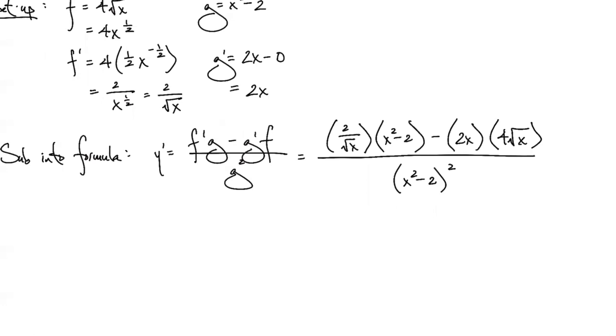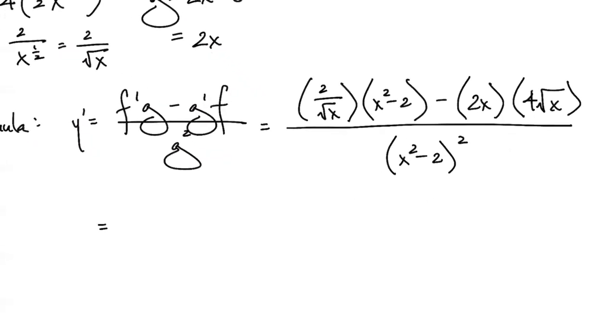In terms of simplifying our y prime here, all right, I would say this. Let's take these two terms and put them as a single fraction, okay? So in other words, I'm going to do 2 times my x squared minus 2. So that'll give me 2x squared minus 4 over the square root of x. That's what my first term is going to simplify to.